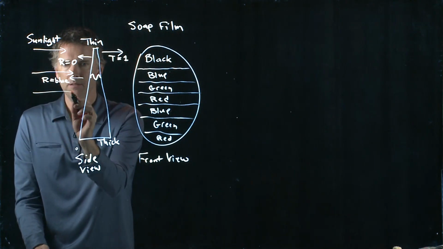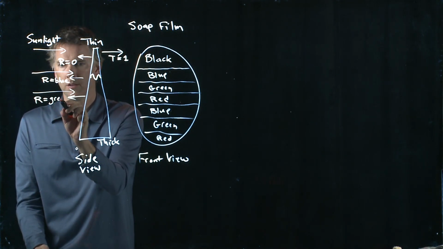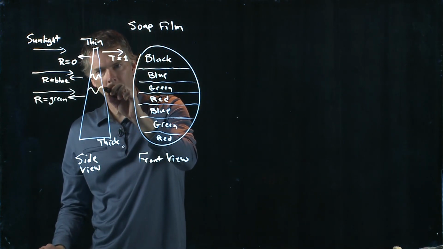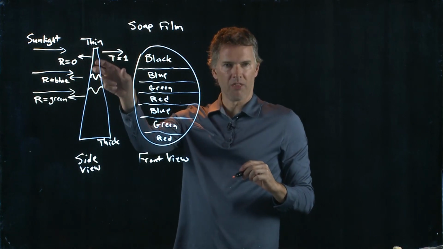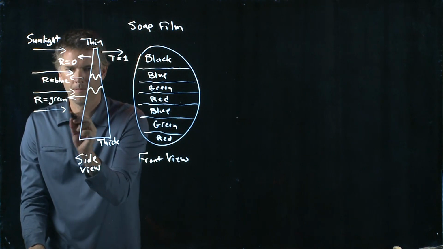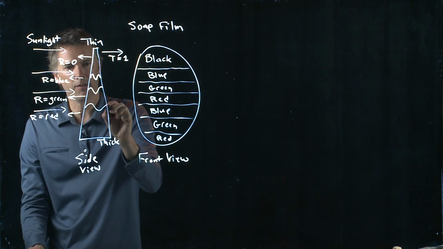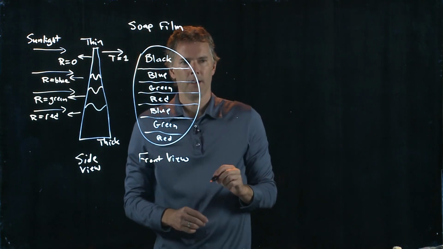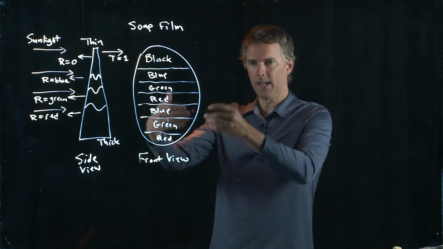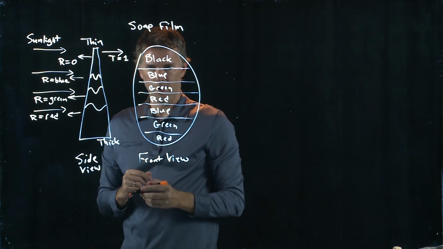But if we keep going down, the next one is green. And that's because green is a little bit longer, and so it needs a little bit thicker film to have a high reflection. And if you keep going down further, then you get to red, because red is even longer. And so the arrangement of these colors is such that the thickness determines which ones get reflected well.